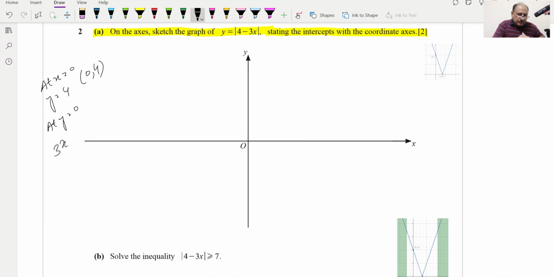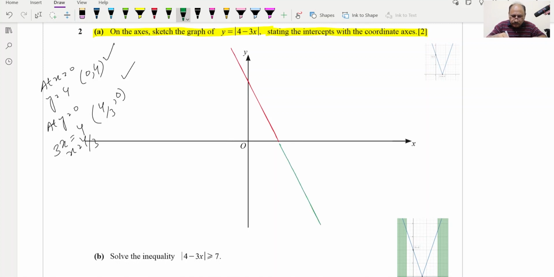We can write 3x is equal to 4, so x will be equal to 4 by 3, and our point will be 4 by 3 and 0. Now these are basically the 2 points which we got, and now we can sketch the curve. For curve sketching, we can take this point as 0, 4, and we can draw this line. The next portion of the line I'm drawing in a different color.